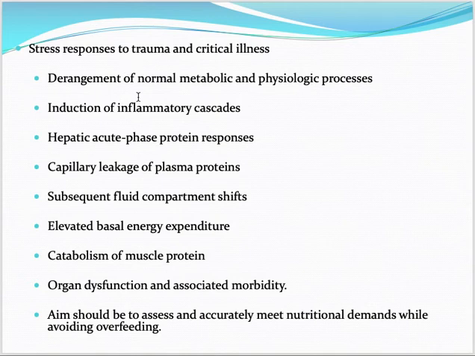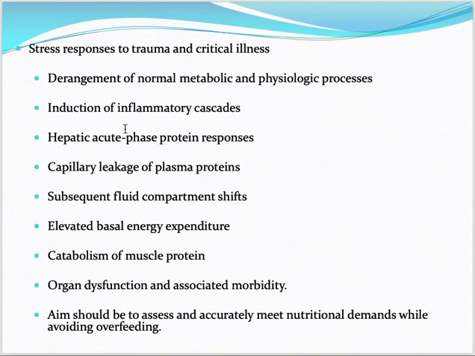You can see there is derangement of normal metabolic and physiological processes. There is a lot of inflammation, or inflammatory responses, which occur as a response to surgeries or stress. So of course there is induction of many inflammatory cascades.